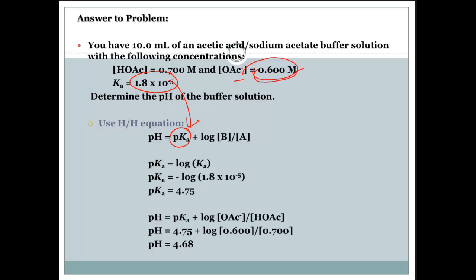We're going to take the negative log of the Ka, which comes out to be 4.75. And then we're going to take the ratio of the base over the acid, so 0.6 divided by 0.7, take the log of that value, and it comes out to be 4.68.